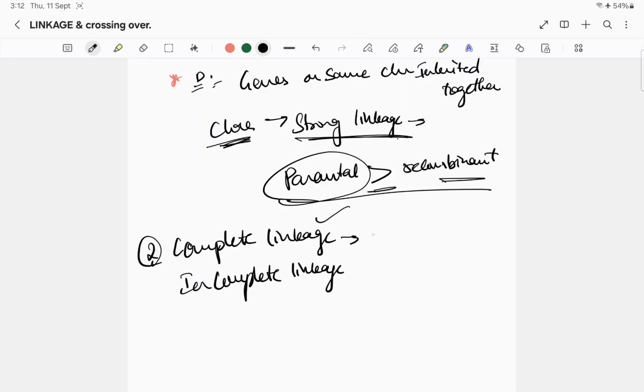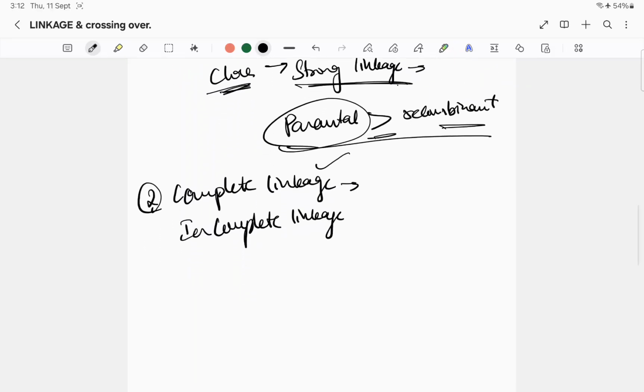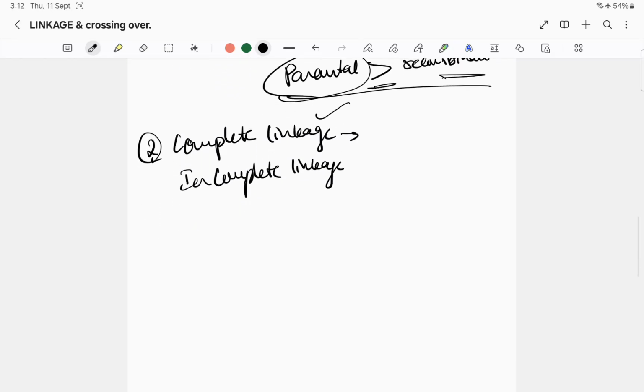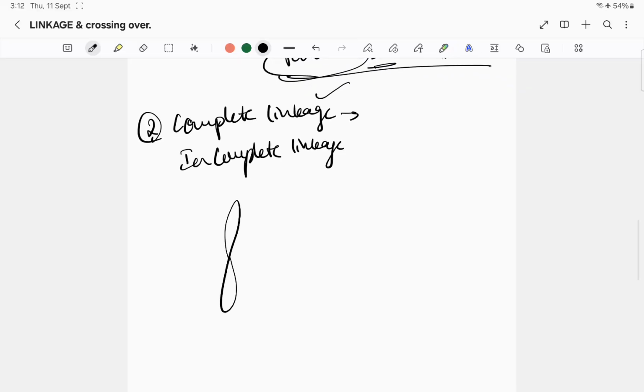In complete linkage, the genes are so close that no crossing over separates them. The genes are present so close on the chromosome that for this distance there won't be any crossing over occurring.